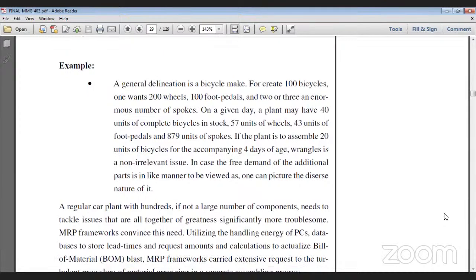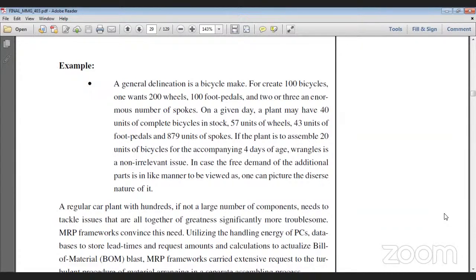A regular car plant has hundreds, if not thousands, of components needed. MRP frameworks handle this need, utilizing the processing power of computers.